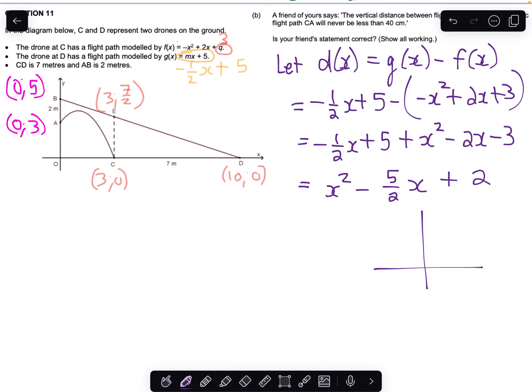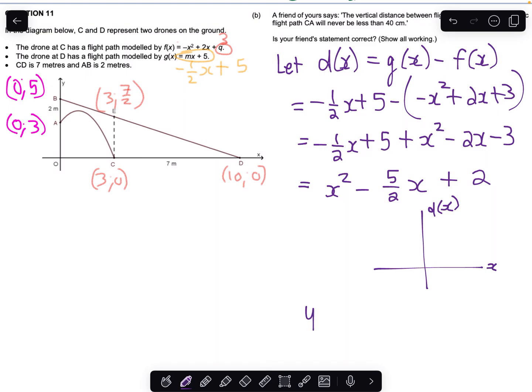So if we are looking at the value of d versus x, I am interested in where that turning point is.